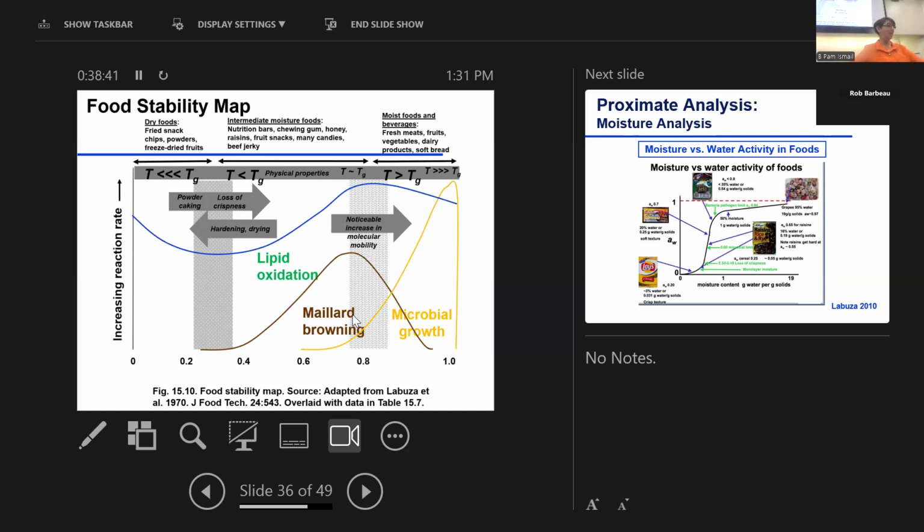He even had his car license plate say water activity. Yeah, he had a ship that is called water activity, a fishing ship. Anyway, he was quite a character. I'm sorry you missed having him guest lecture at least.